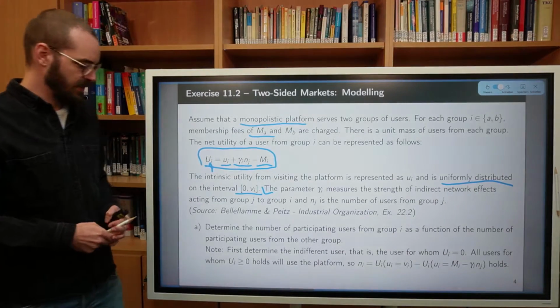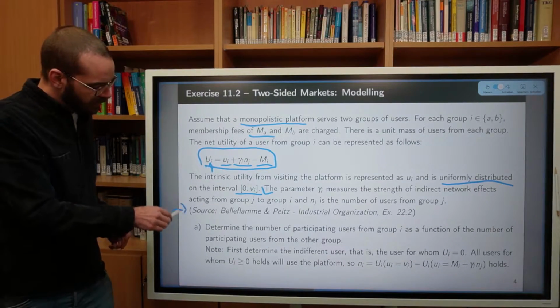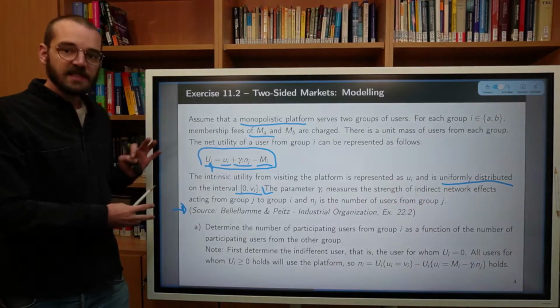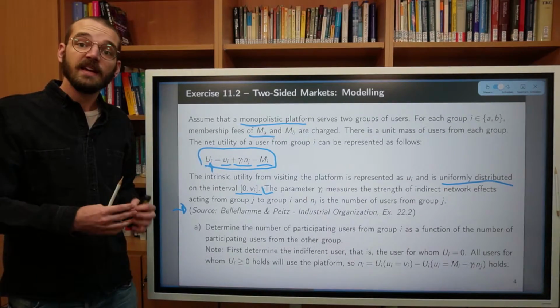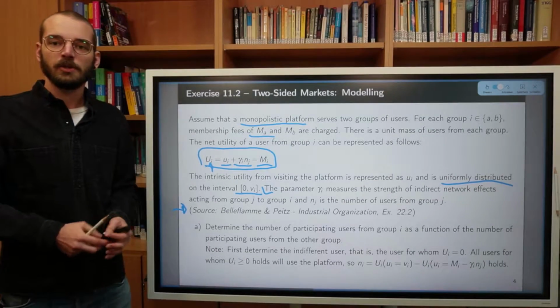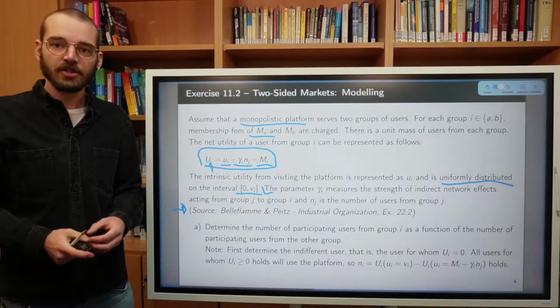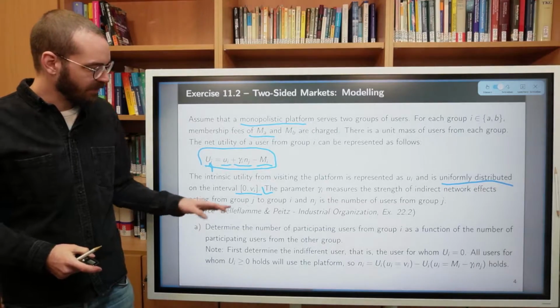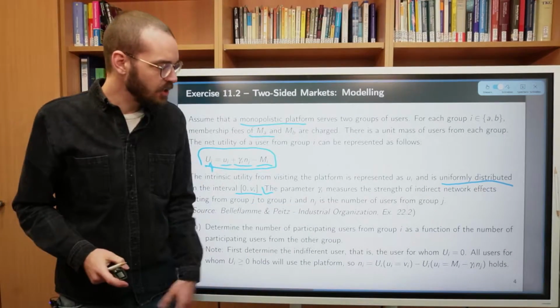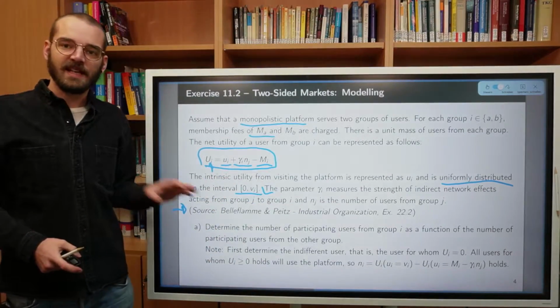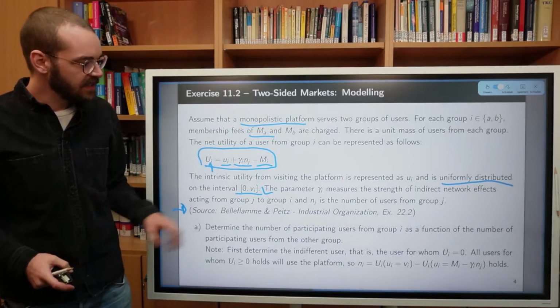Now, for your information, of course, this exercise is taken from one of the textbooks which we use throughout this lecture. In this case, it's taken from Belleflamme and Peitz's Industrial Organization. You will find the exact quotation in our slides.